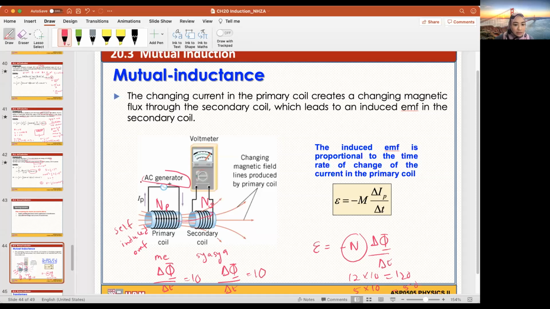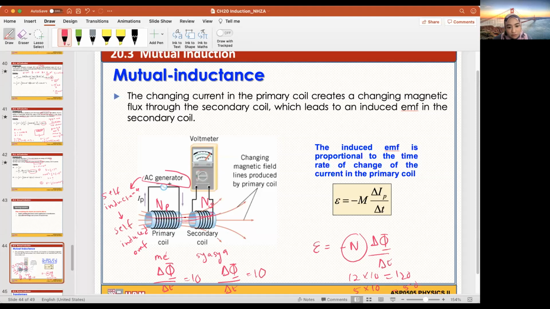From the self-inductance, I will have self-induced EMF or self-induced current. And because of the whole situation, I will also have a changing magnetic flux. The changing magnetic flux just goes everywhere.